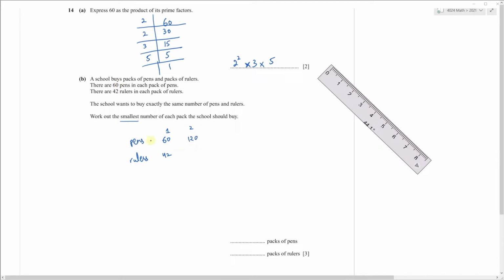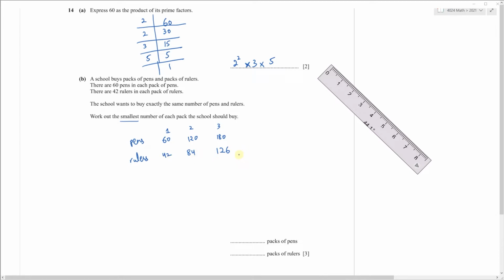If you get 3 packets, you will get 180 pens, right? Similarly, for rulers, 1 packet is 42 rulers, 2 packets will be 84 rulers, 3 packets would be 126 rulers.